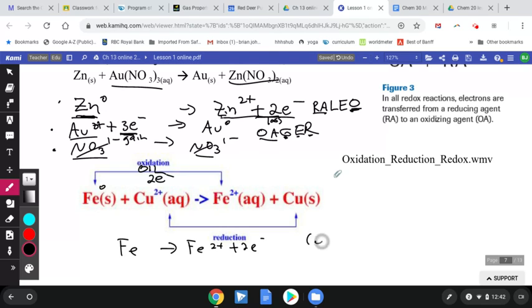Okay, and copper 2 plus goes to copper, and it tells us it's reduction. Reduction is a gain. Which side do we put the electrons on if it's gaining? So there's our 2 half reactions, and that is a redox reaction with a loss and a gain.